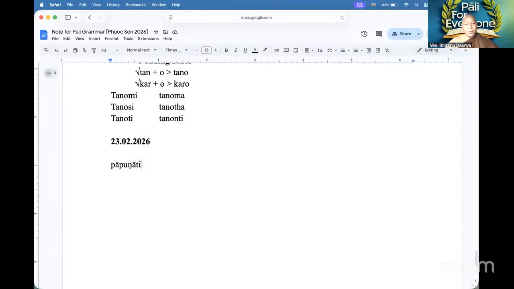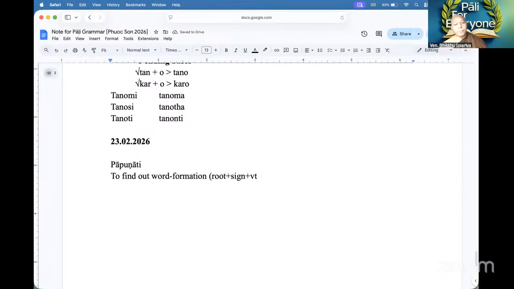To find out the word formation, what formation means is the root, the conjugation sign, and also the verb termination, or maybe some present participle later.